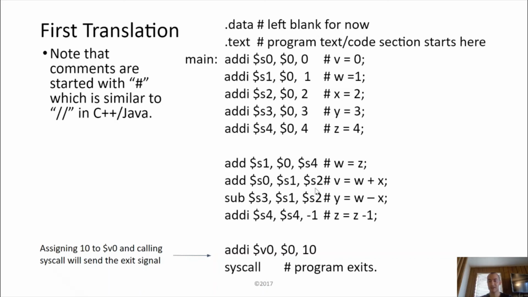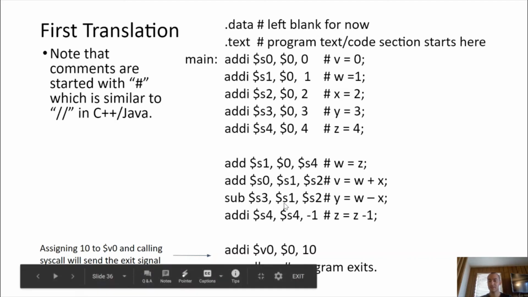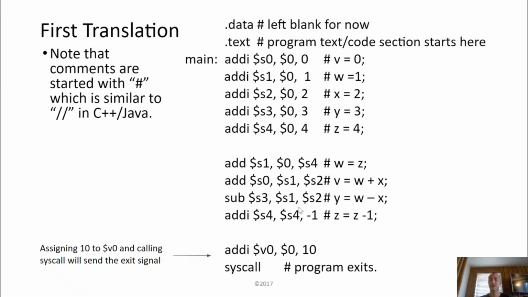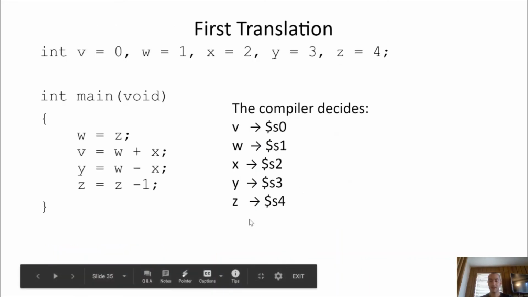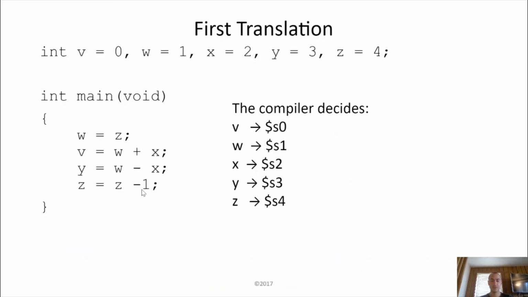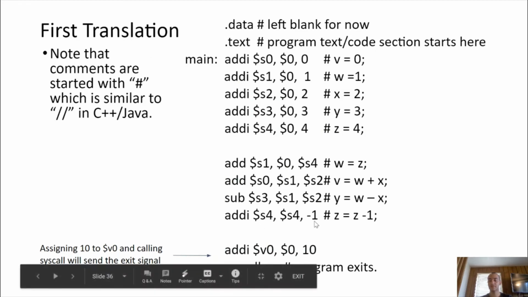So we have S1 and S2, and the content of that is going to be stored in S0, which is V. And then the same thing for the subtraction, and you just have to remember that it is this one minus this one. So it's S1 minus S2 here, which is W minus X, and the content is going to be stored here. And the last one is Z minus 1, so we can do an addi with a constant minus 1.